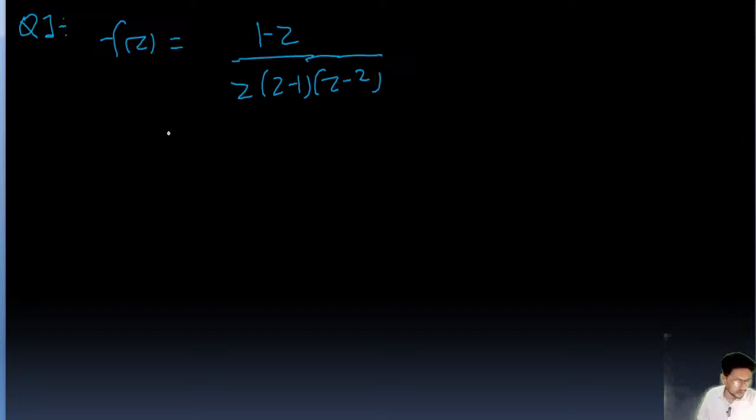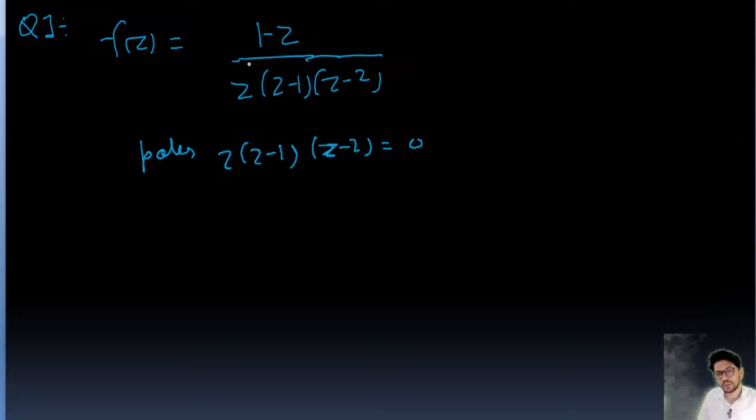So for poles, z into (z minus 1) into (z minus 2) is going to be equal to 0. For poles, we'll put the denominator equal to 0 and then find the value of z.